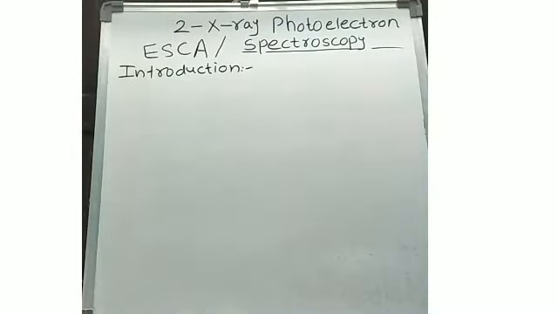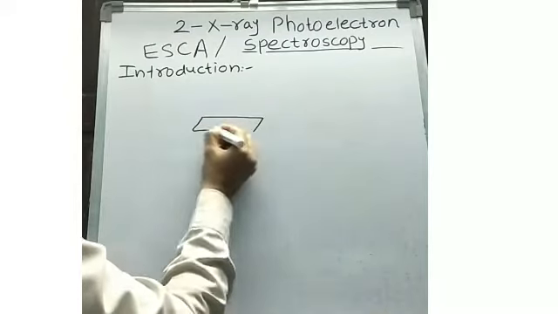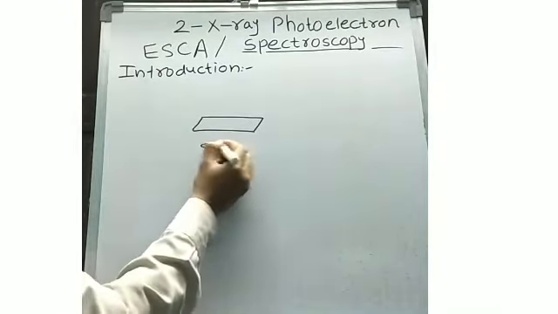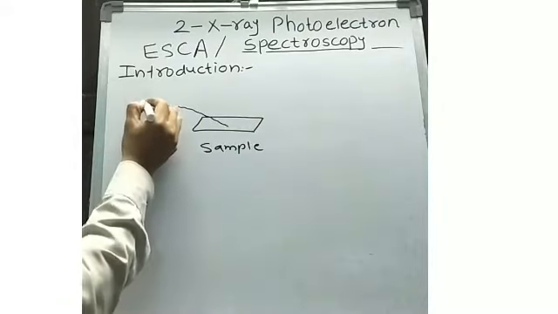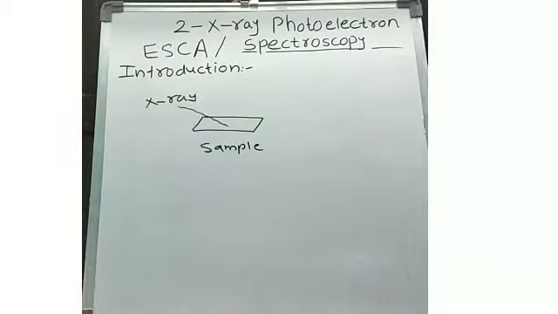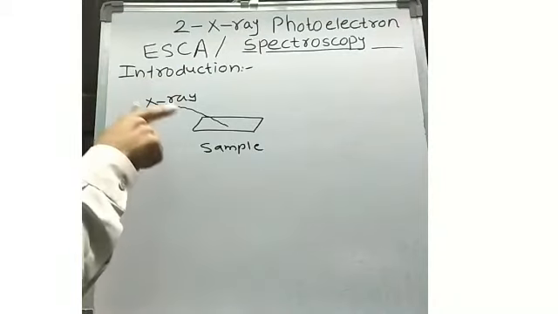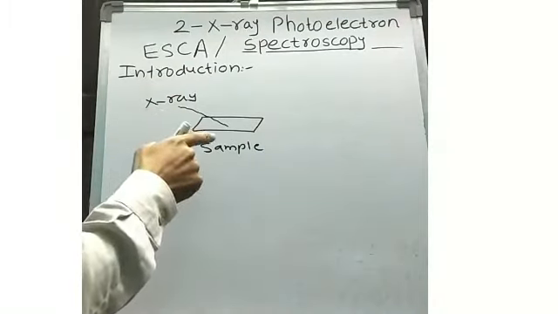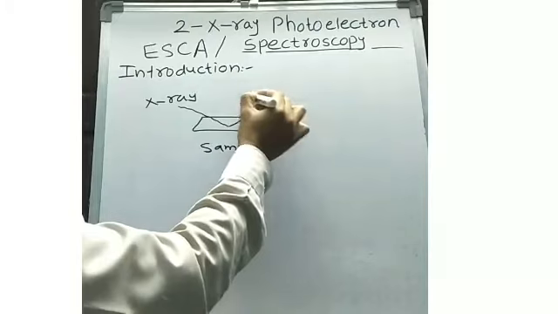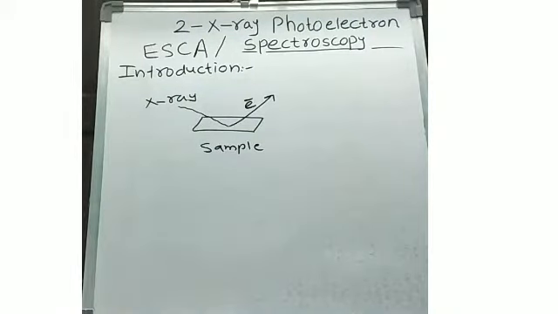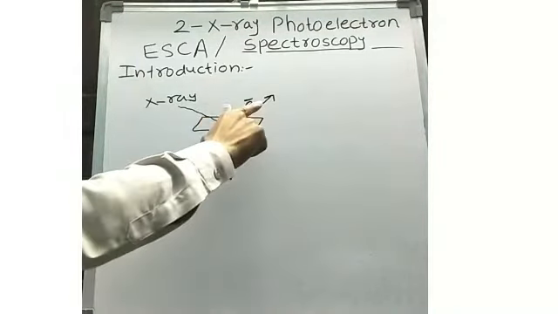In this, the sample surface is irradiated. Suppose this is the sample surface, it is irradiated with X-ray and the surface emits the electron, which is also known as photoelectron, and this electron's energy is measured.